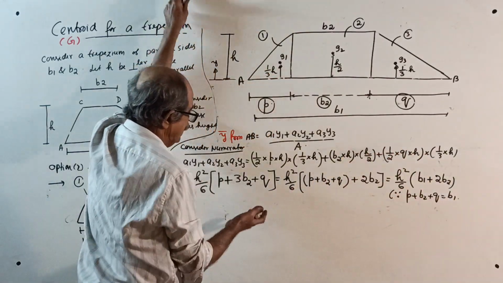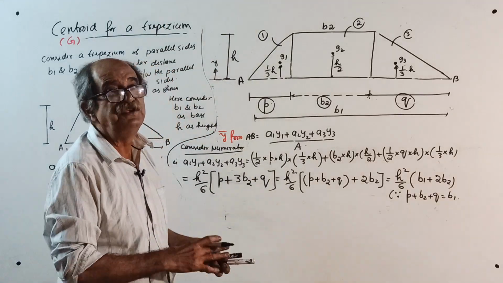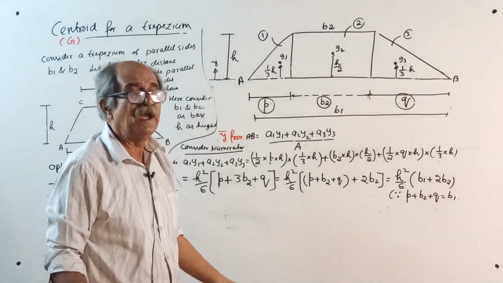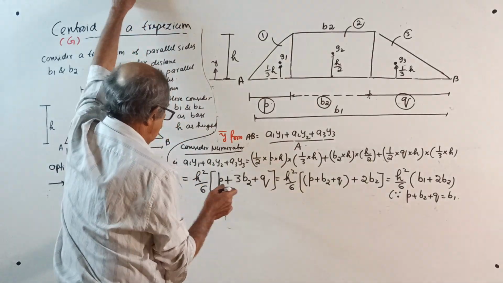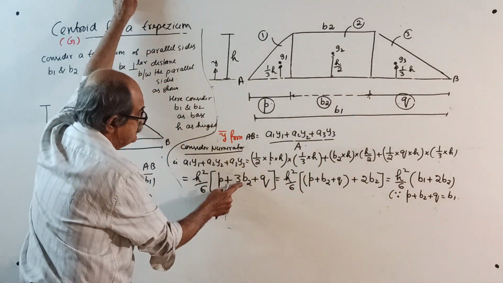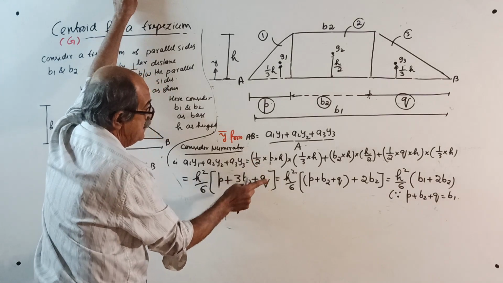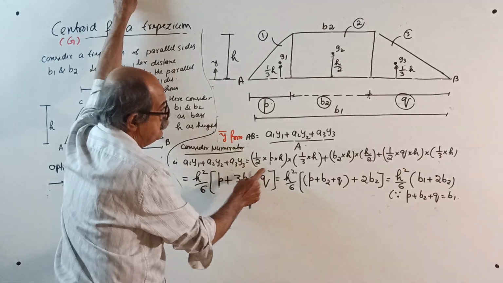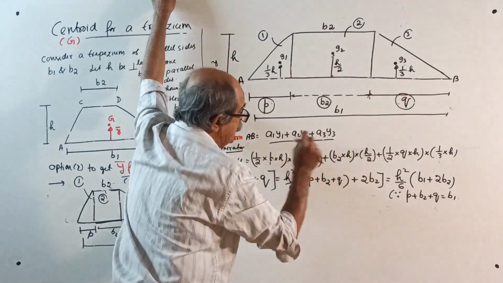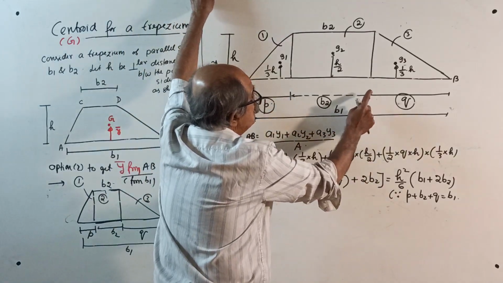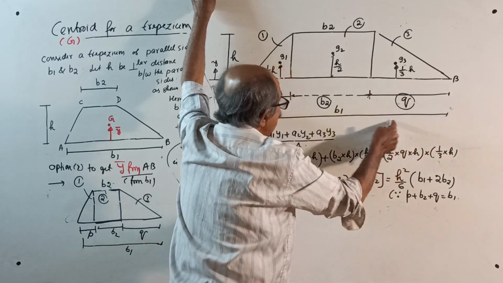Okay, if I explain this, someone will tell me, sir, we are engineering students, we can make out that much. Okay, enjoy it. It equals H square by 6 into P plus 3B2 plus Q. You write P plus 3B2 as B2 plus once again 2B2, because P plus B2 plus Q is B1.